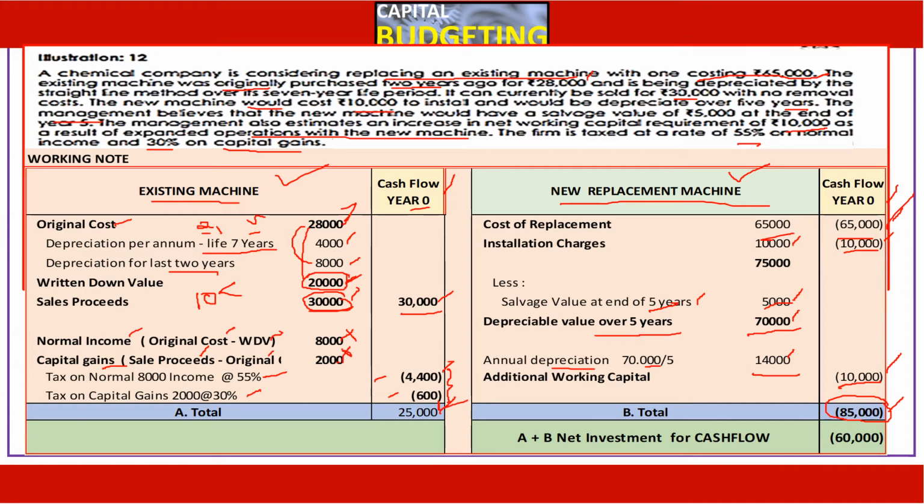And the net effect of this entire decision is the company receives 25,000, the company pays 85,000, net outflow is 60,000, which is the net investment or incremental investment. 85,000 minus 25,000 is 60,000 is the net investment.